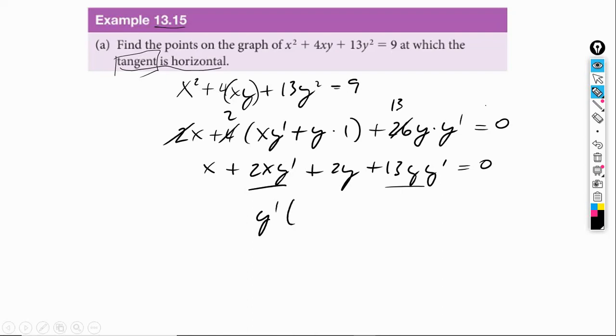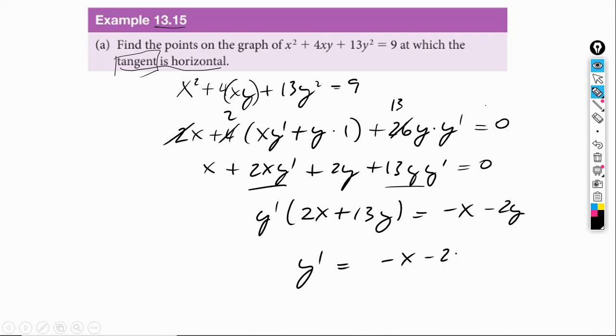Y prime times 2x plus 13y is going to equal minus x minus 2y. Therefore, the derivative is going to equal minus x minus 2y divided by 2x plus 13y.